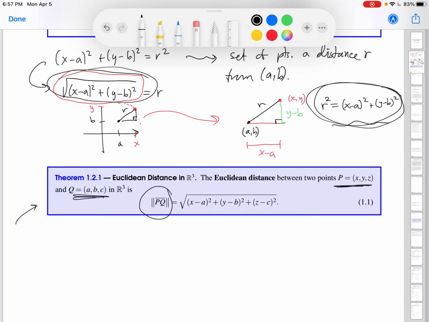So if I think of R3 and I have a point over here and another point over there, again, it's a little hard to draw this, but the distance of the line segment PQ connecting these 2 points, which is now this notation, these vertical bars will come to signify a lot more later on when we talk about vectors.